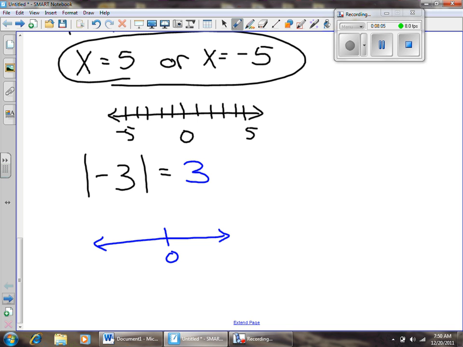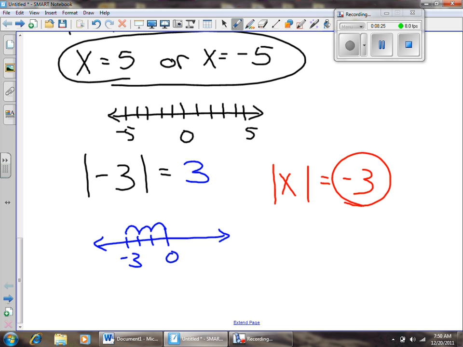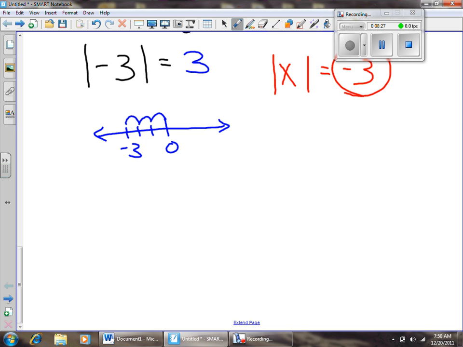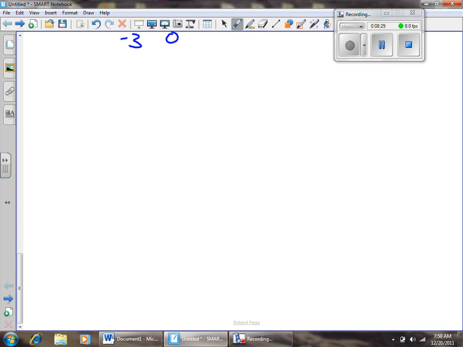Because -3 is 3 spaces, 1, 2, 3, away from 0 on a number line. Well, the question I was meaning to ask that I had in my head was this. This is no solution because there are no numbers on a number line that are -3 spaces from 0 because distances are always positive.